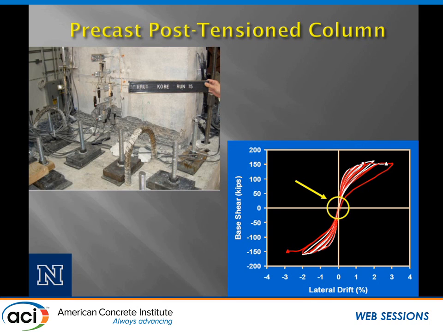But what was interesting about this is that since all the strength was coming from the post-tensioning, at the end of the test, there was a fair amount of damage down here at the bottom, but that's all cosmetic. There's no buckling of reinforcement. There's no yielding of any reinforcement because all that's crossing the joint is the post-tensioning. So to me, this is an extremely viable system all by itself.